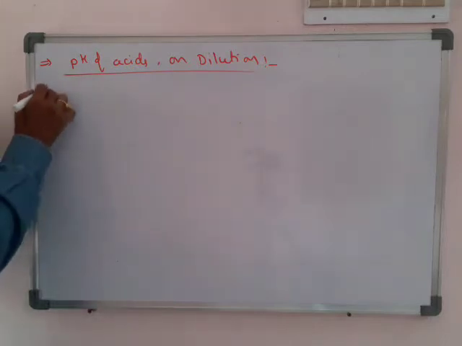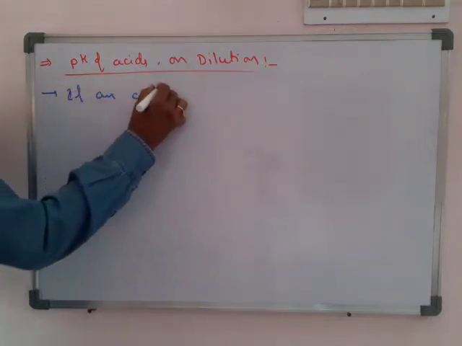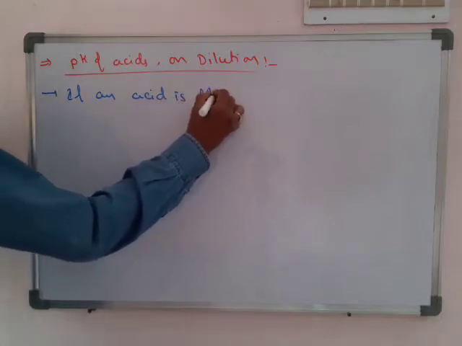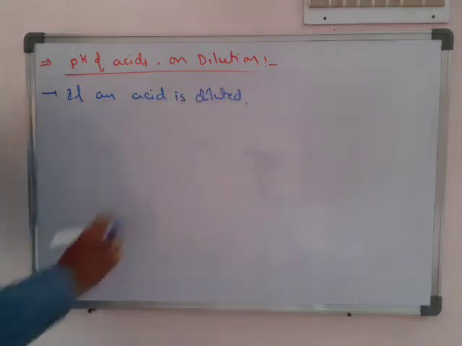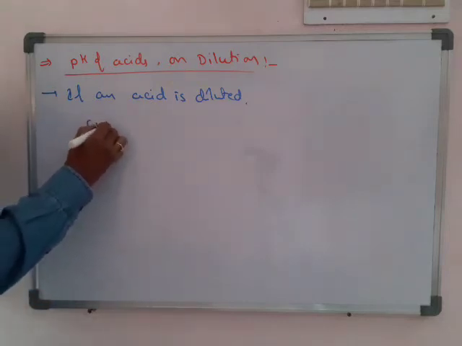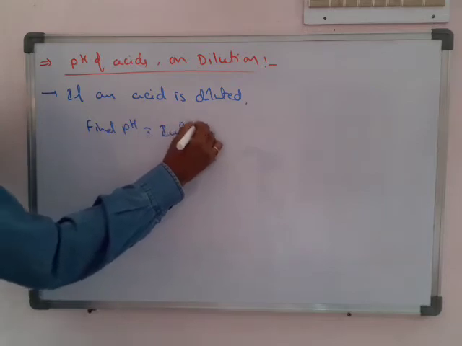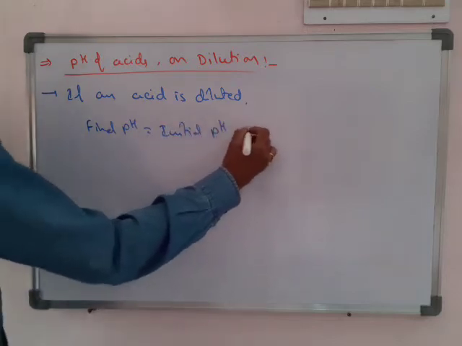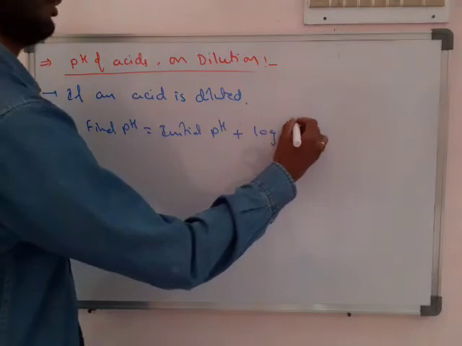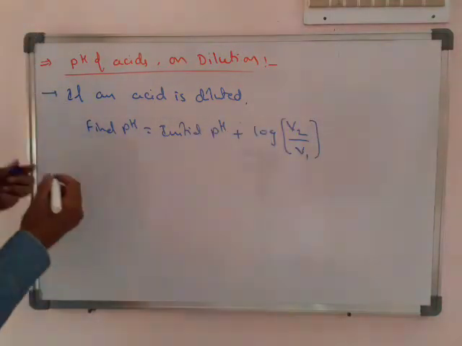So the second method: if an acid is simply diluted, not by any specific factor, then the final pH equals the initial pH of that acid plus log of V2 by V1. Here V2 is the final volume and V1 is the initial volume.